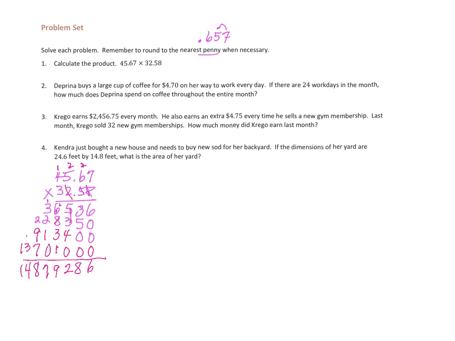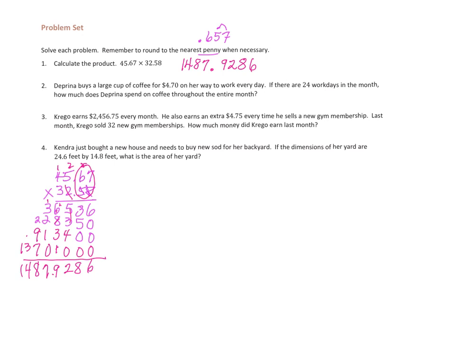Wow. So now I get to count how many digits are behind the decimal: 4. So now my answer is going to be 14,000. Nope. 1,487. And then I put in my decimal. This isn't a money problem, so I don't think I get to round in this case.